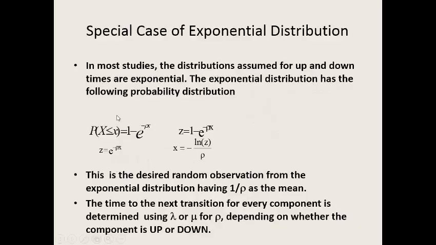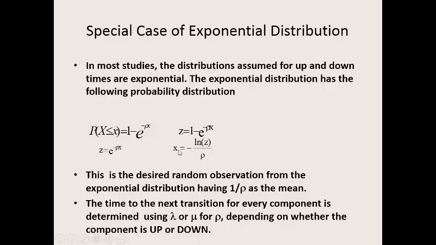One of the most commonly used distributions is the exponential. So if the random variables like the uptime and downtime are assumed to be exponentially distributed, then the distribution will be of this form. So you can equate the random number to this, and since 1 is a constant, you can rewrite this equation as z is equal to this value.